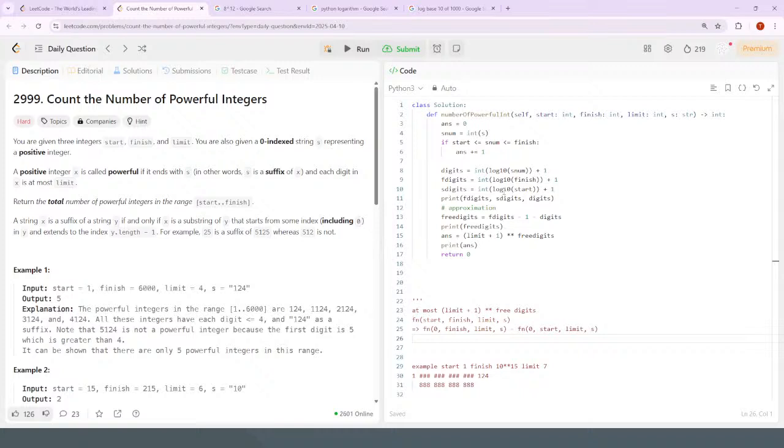Now that's easier said than done still. Because finish doesn't necessarily need to be a power of 10. But I just need to worry about finish. From 0 to finish, how many numbers are powerful and inclusive of the limit, or bound by the limit?